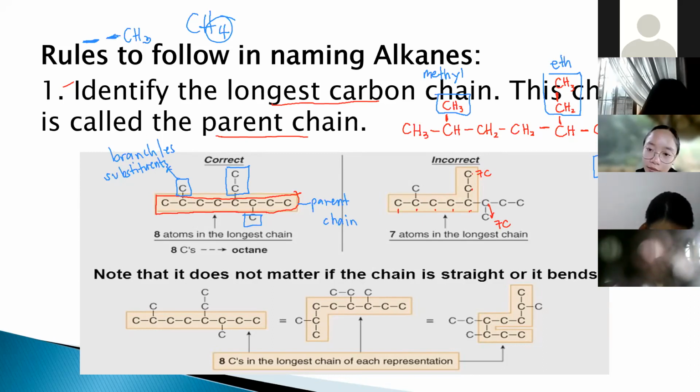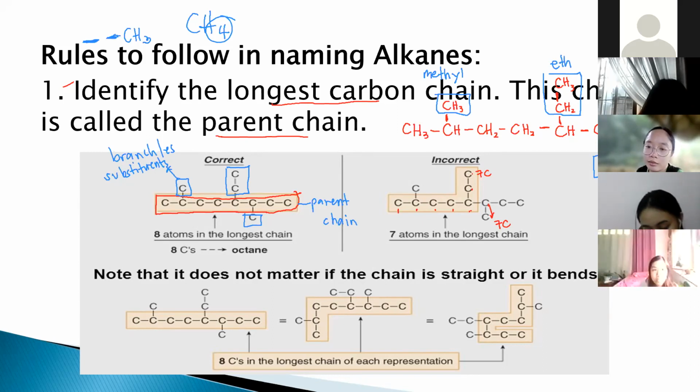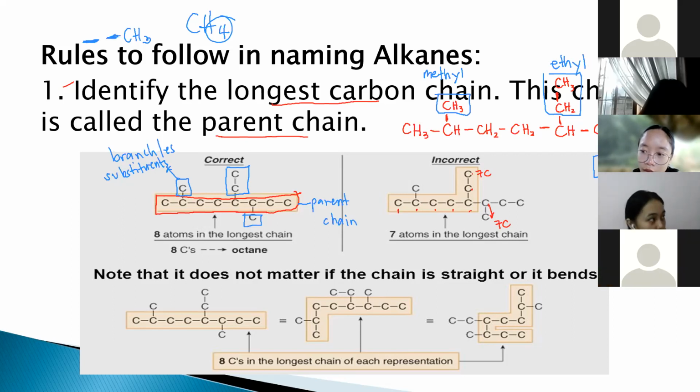And take note, for ethane, supposedly that will be C2H6, tama? But what happened here? C2H5, kulang ng hydrogen. So hindi mo din siya tatawagin na ethane. Instead, we will call this ethyl. Okay, ito yung tinatawag natin class na ethyl. Okay? So ayan, that's the step 2.